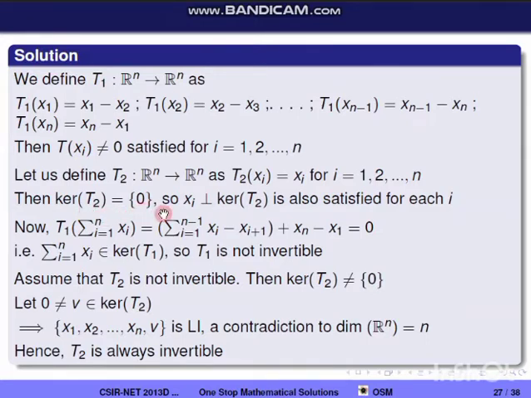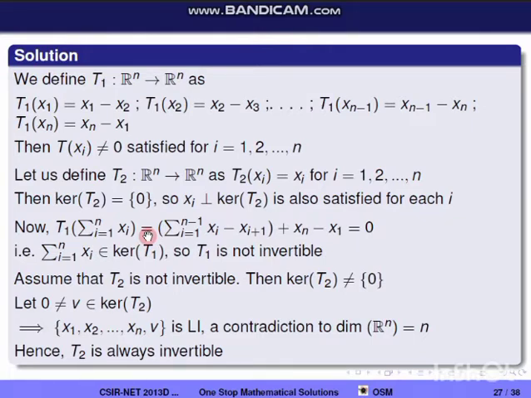So xi is perpendicular to the kernel of T2 is also satisfied. Now consider T1 of the sum from i equal to 1 to n of xi, which is equal to T1 of x1 plus x2 plus etc. up to xn. T1 is a linear transformation, so we can split it as T1 of x1 plus T1 of x2 plus T1 of x3 etc. up to T1 of xn.